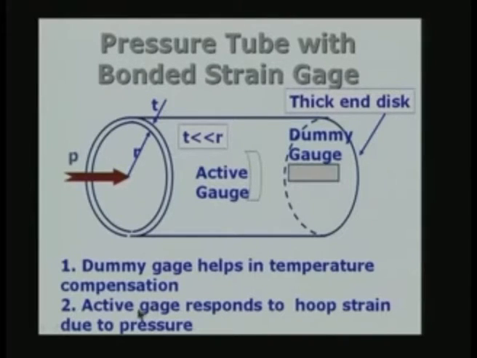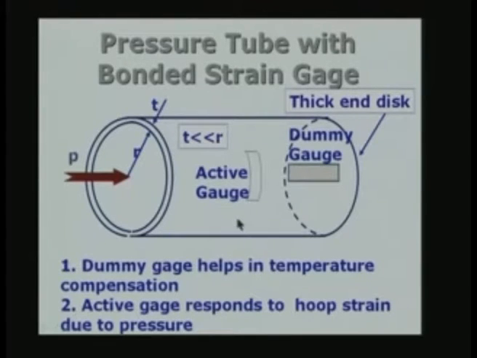Now, why do we have a dummy gauge? Suppose I have the active gauge here, and suppose the pressure is introduced inside the tube. It will of course undergo a strain because of the hoop strain, and therefore, it is going to undergo a change in resistance because of changing the length, as we shall see in a little while from now, and therefore, the resistance of the gauge is going to change.